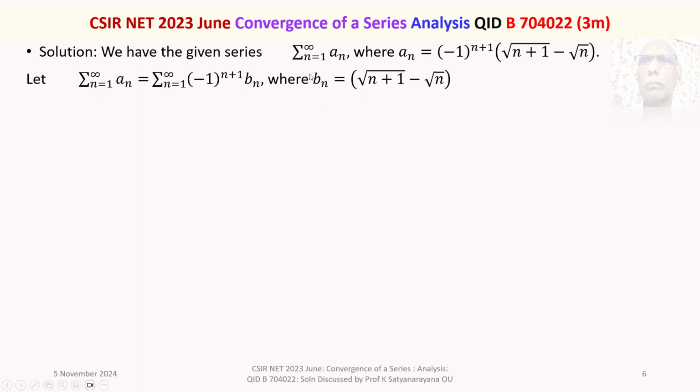Note down now, b_n is greater than or equal to 0 for all n, and in fact b_n is positive for all n greater than or equal to 1, that is, for all n belonging to N. Note that b_n is positive, greater than 0, for all n belonging to N. And it is an alternating series, obviously.